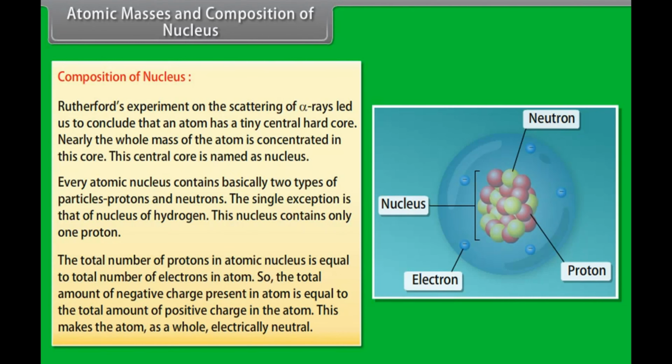The total number of protons in the atomic nucleus is equal to the total number of electrons in the atom. So, the total amount of negative charge present in the atom is equal to the total amount of positive charge in the atom. This makes the atom as a whole electrically neutral. The composition of nucleus can be considered as: let Z be the atomic number, which is equal to the number of protons.